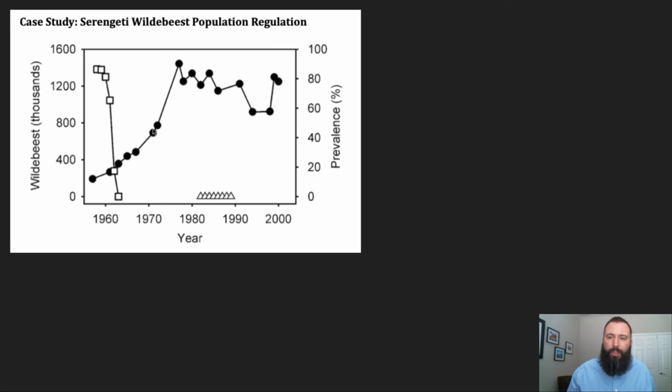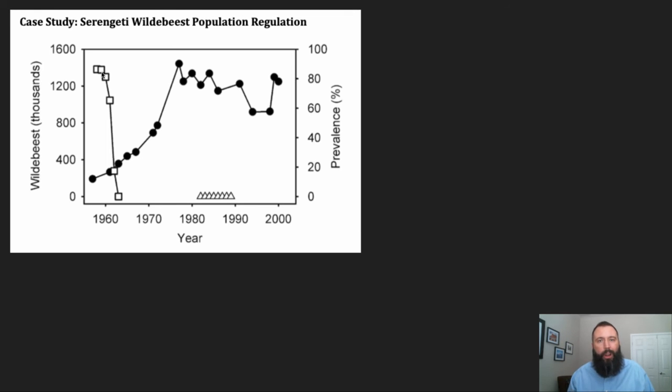Just know that the line with the circles that are colored in represents the population of the wildebeest, and the other one represents the prevalence, how common it is for rinderpest to be impacting the wildebeest in the area.